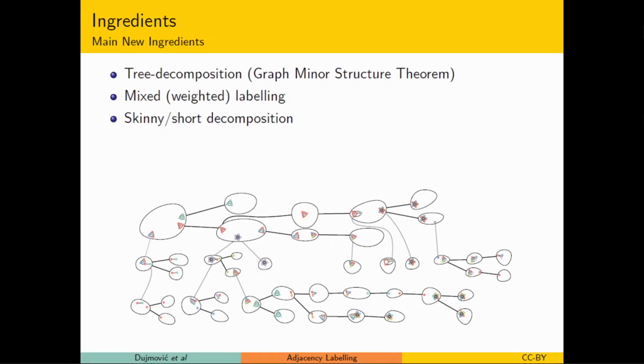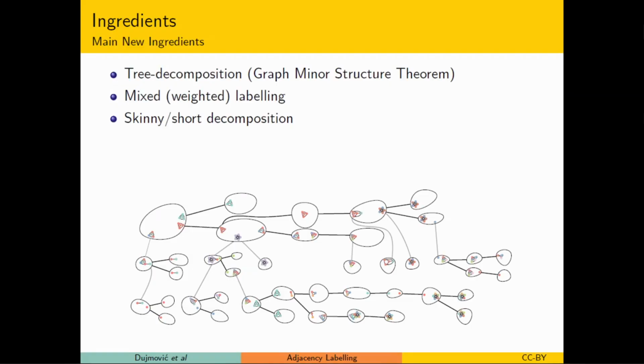These graphs are not product structured, but they're close enough. There are a few exceptions, meaning you just take away a small number of vertices and suddenly you have product structure. And for adjacency labeling, you can imagine that if there's only a constant number of vertices which are somehow special, you can just deal with them in some brute force way. Okay, but this is the tree decomposition that you get from this.